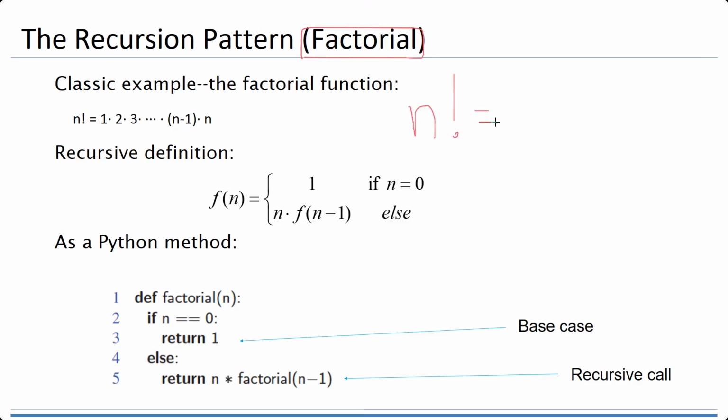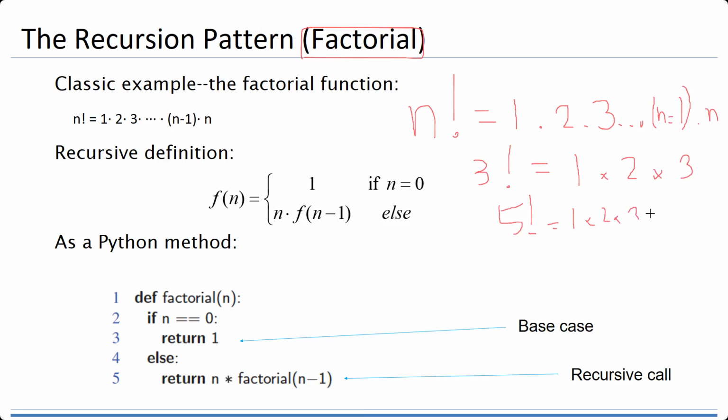This means 1 multiplied by 2 multiplied by 3 until n minus 1, multiplied by n. For example, 3 factorial is 1 multiplied by 2 multiplied by 3. 5 factorial is 1 multiplied by 2 multiplied by 3 multiplied by 4 multiplied by 5.